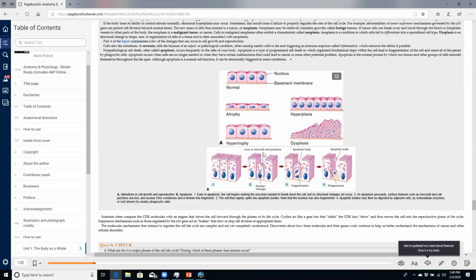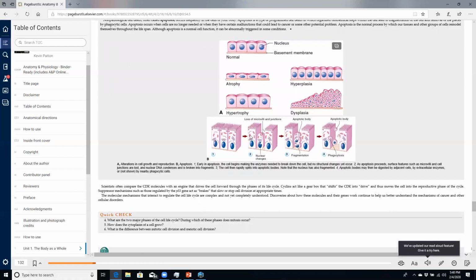All right, and then the last concept I wanted to talk to you about for that is that a cell can undergo regular programmed cellular death. There are times, especially during human development, where an embryo will actually overgrow. So certain tissues will proliferate a lot and it will fill up a space. And then, especially if you have a tube, that space needs to have a hole in the middle.